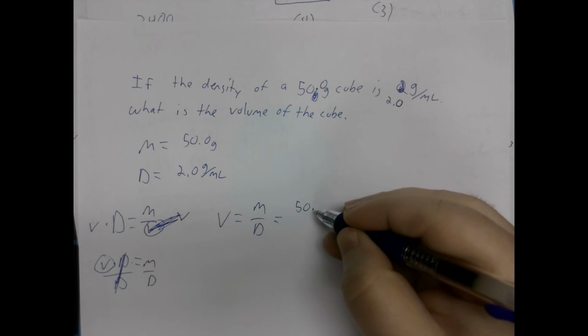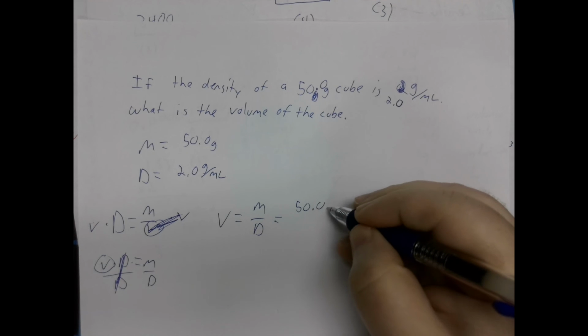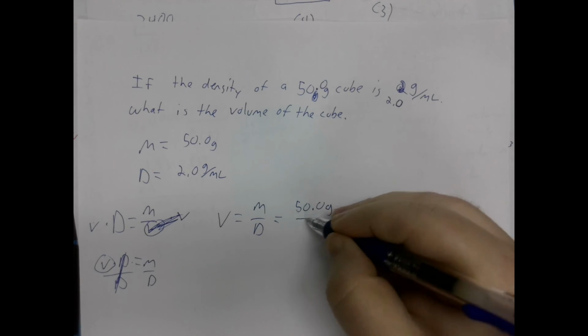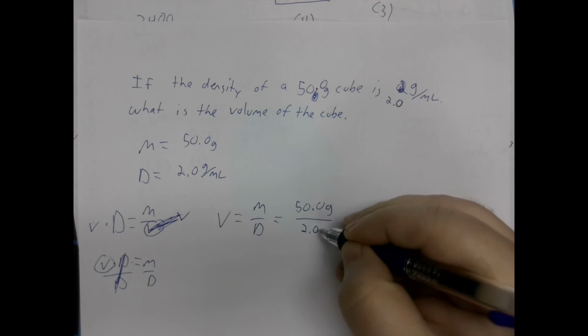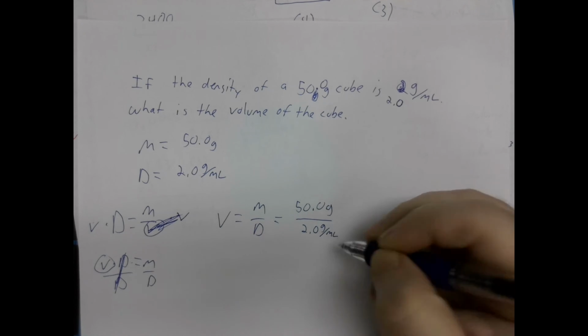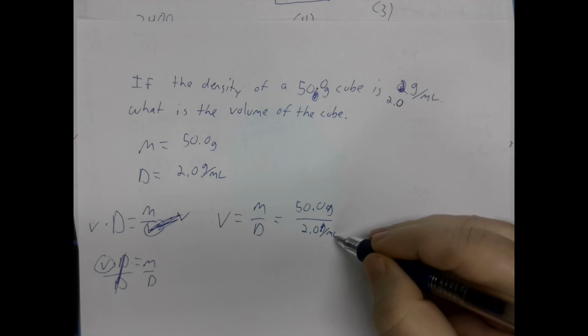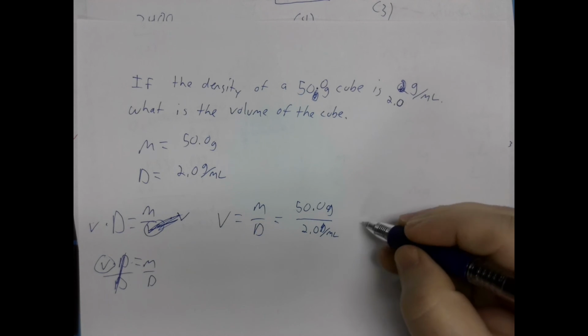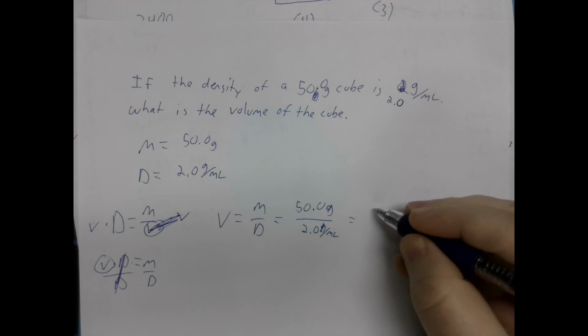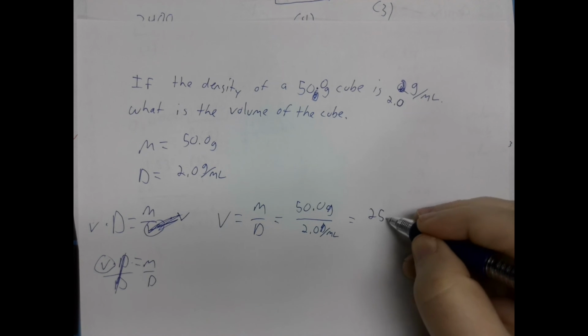So 50.0 grams divided by 2.0 grams per milliliter. Grams cancel out. Divide by milliliter flips the numerator, and that equals 25 milliliters.